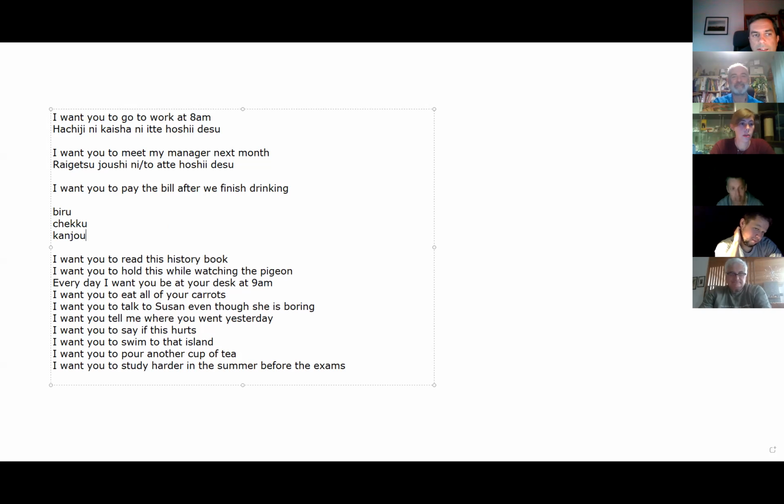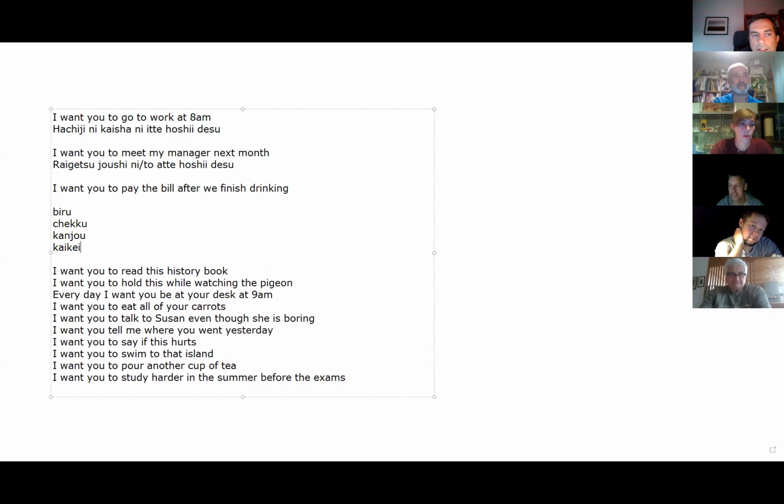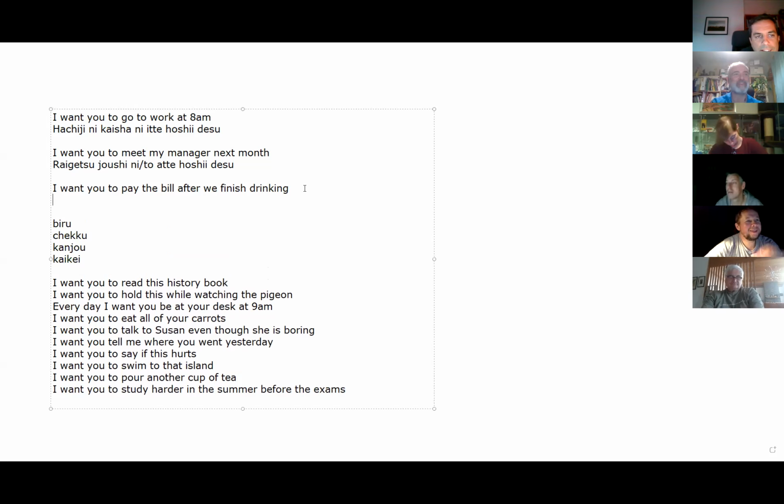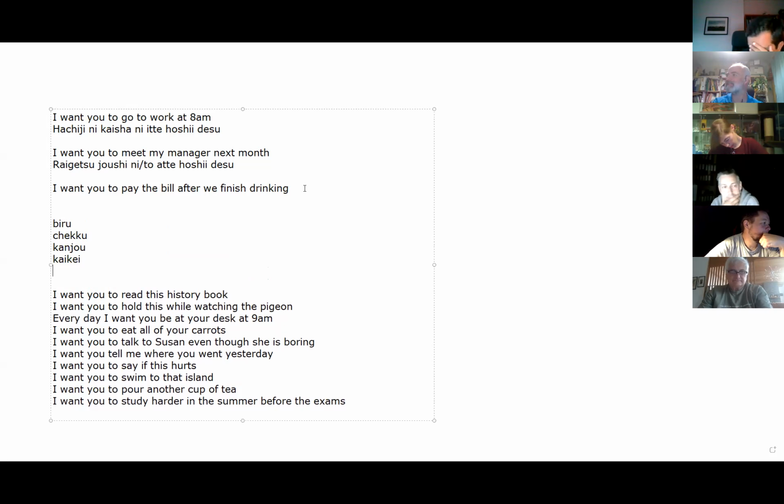Kanjo. And kaikei is the one you're thinking of. I feel like there's a longer one, but yeah. It's something which starts with O and finishes with an E, isn't it? I feel like it's 3 kanji long.